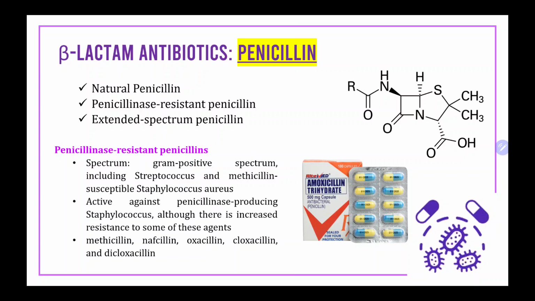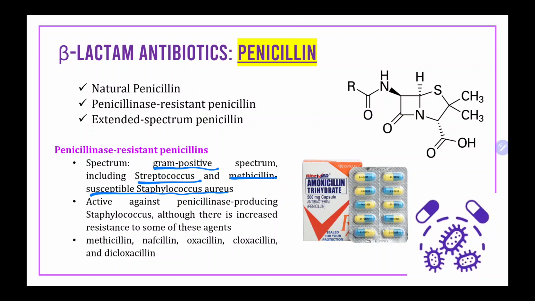When we say penicillinase-resistant penicillins, its spectrum covers gram-positive microorganisms, including your Streptococcus and methicillin-susceptible Staphylococcus aureus. It is active against penicillinase-producing Staphylococcus, although there is increased resistance to some of these agents.